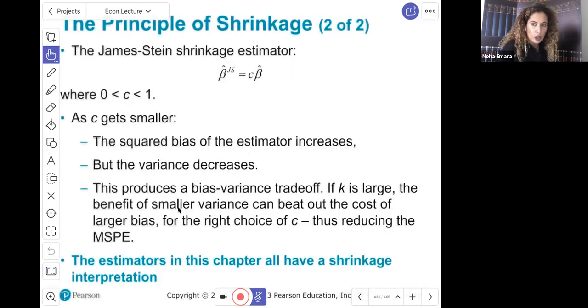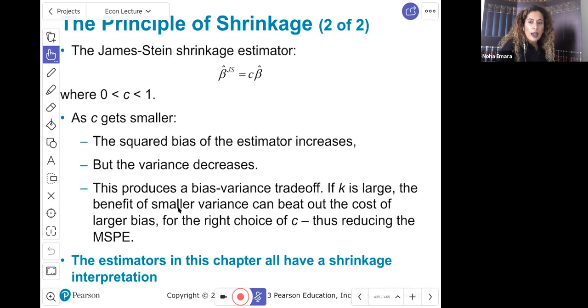As the C gets smaller, as you keep shrinking and minimizing your betas, the squared bias of the estimator increases. And this is bad news, right? Because the bias would keep on increasing. But the good news is the variance would decrease. So every time I have a high bias, I have good news on the other side, which is a low variance or high efficiency.